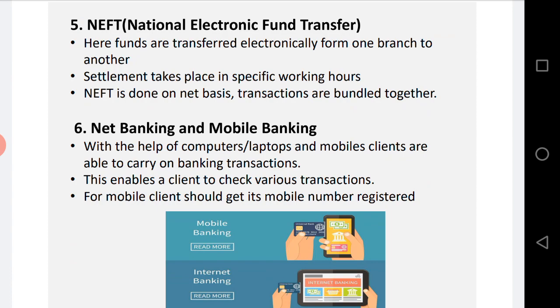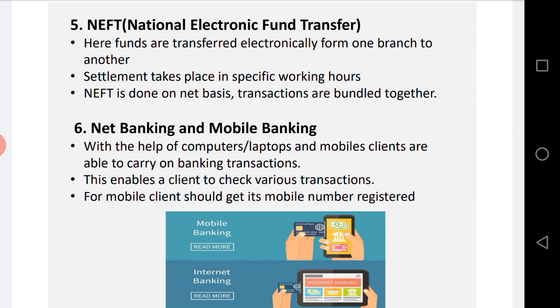NEFT, which is National Electronic Fund Transfer. Here, the fund gets transferred electronically from mobiles or from the internet, and the settlement takes place in specific working hours. For NEFT also, there are some working hours. Within those working hours only NEFT will take place.